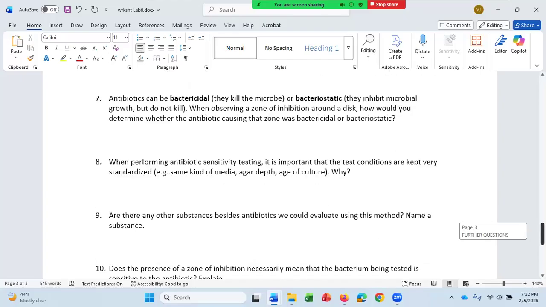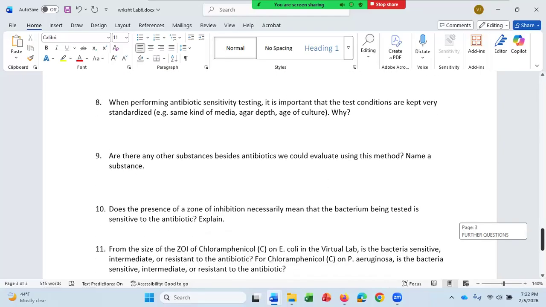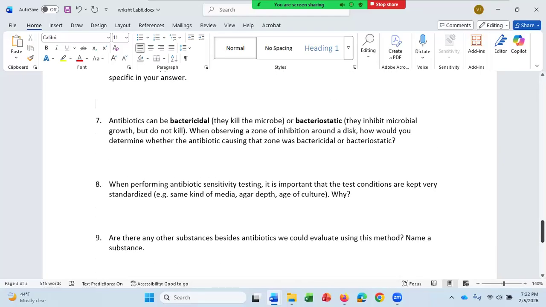All right. 8. So really, I do have a quick question on that one for 7. When we're looking at the actual zone of inhibition, we're not looking at the inside, like the actual cell itself, correct? We're just comparing the zone of inhibition. Even if you looked at the actual cells, like under a microscope, how would you know if that cell was killed or not? You can't tell under the light microscope. Okay, so I guess you could use an electron microscope.